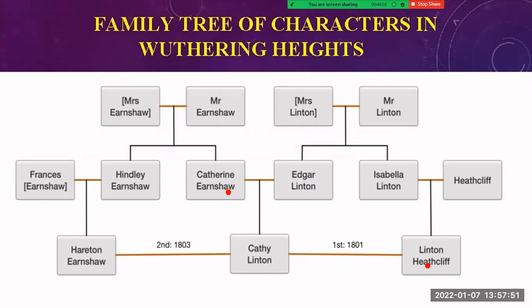And as I told you earlier, shortly after giving birth to the young Catherine, the elder Catherine dies, all right? And then we find Harrington Earnshaw, who is the son of Hindley and Frances. Okay, so we see 3 generations, if you like.